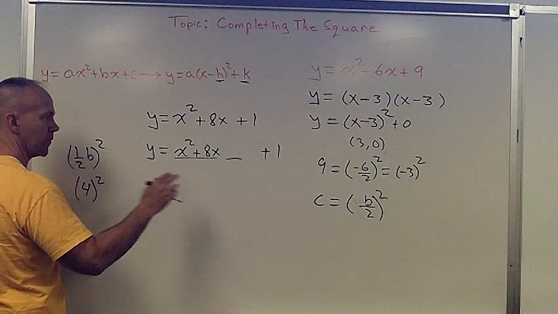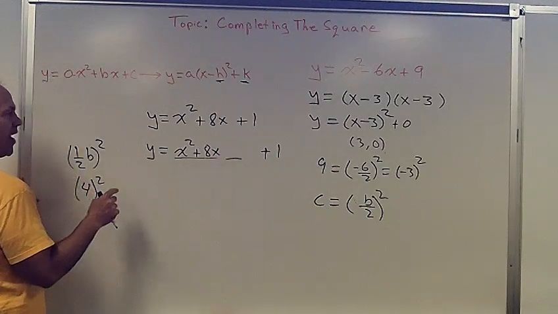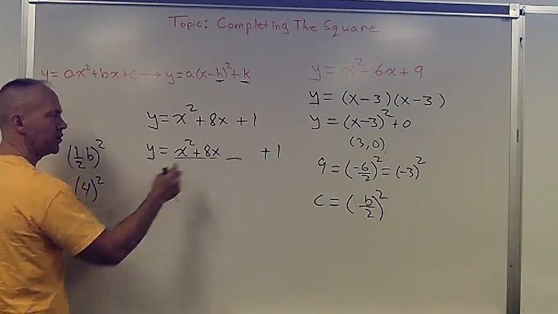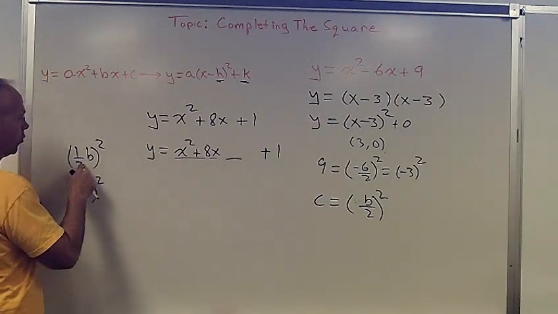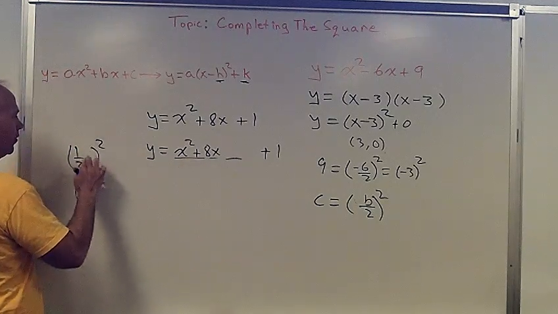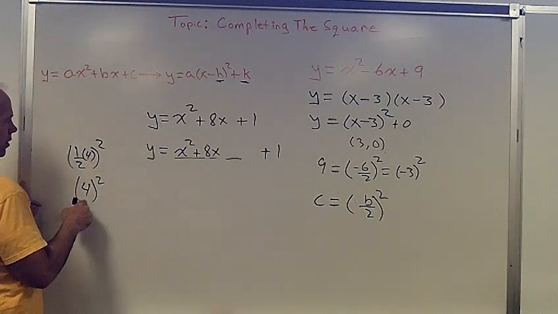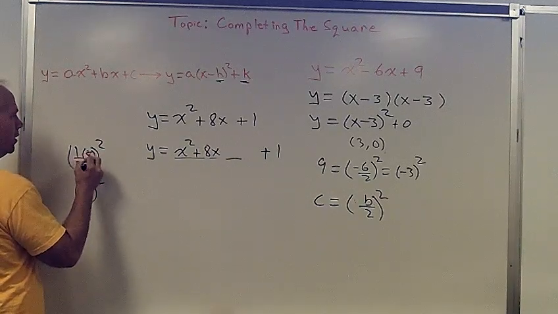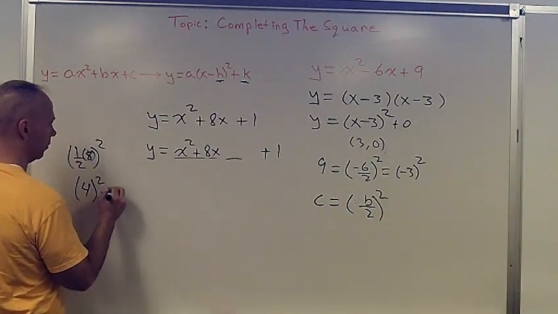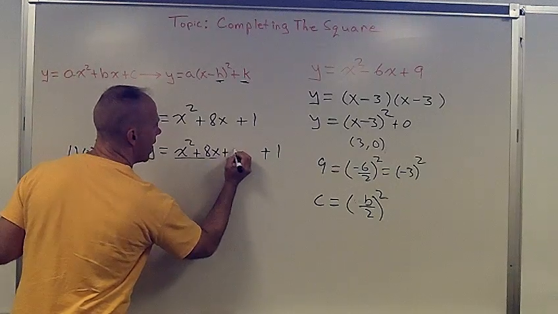I want to add a term here that is going to be 1/2 of b, in this case 1/2 of 8, which is 4, and squared. That's going to be equal to 16. So that is what I add here.